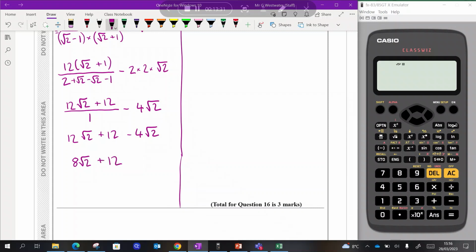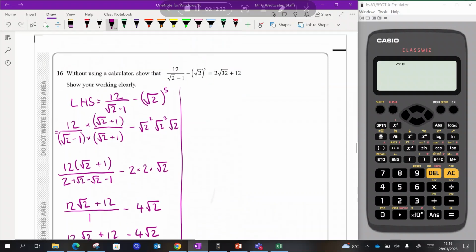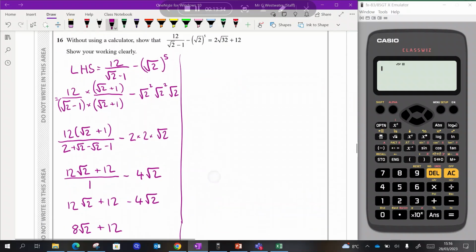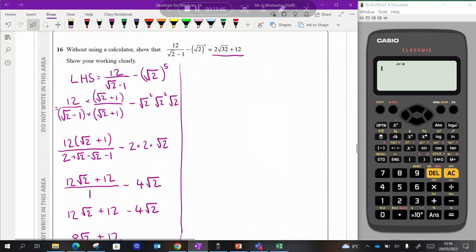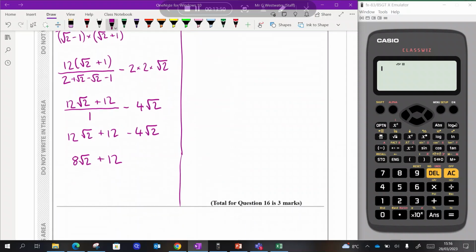Now, I'm happy with this as a final answer, but if I go back to the question, it wants me to end up with 2 root 32 plus 12. Now I've got my plus 12, but I don't have 2 root 32. So I'm going to carry on, and I'm thinking, I don't want 8 there, I want 2. So I'm going to think about this as 2 times 4 instead, root 2 plus 12. In fact, I stopped writing the equals, didn't I?